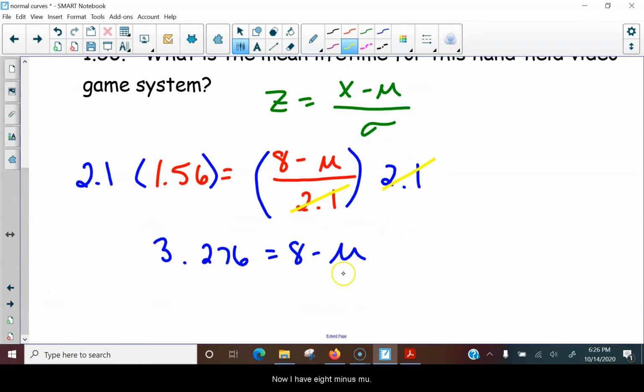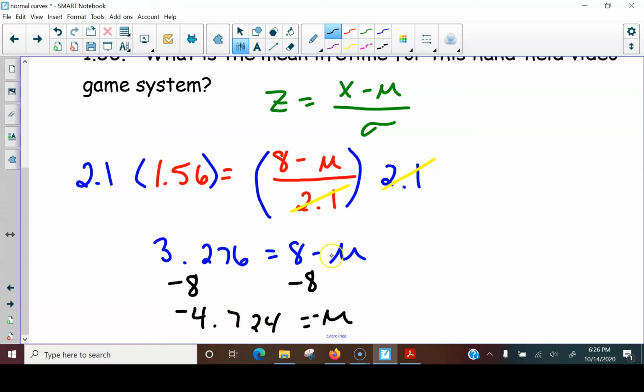Now I have 8 minus mu. I want to get rid of this 8. Currently it is a positive 8. I can get rid of it by subtracting 8 on both sides. And that gives me negative 4.724 is equal to negative mu. This subtraction is now a negative mu.